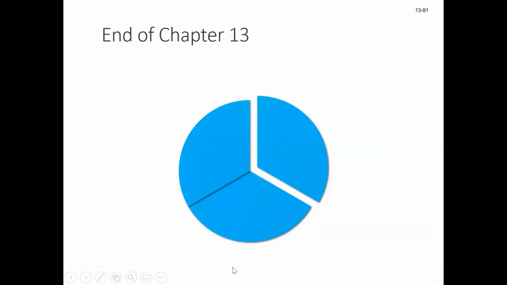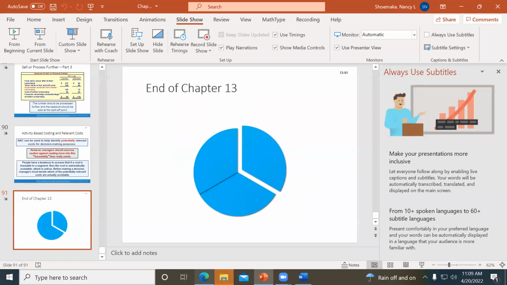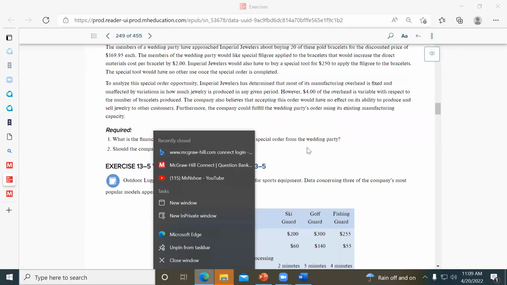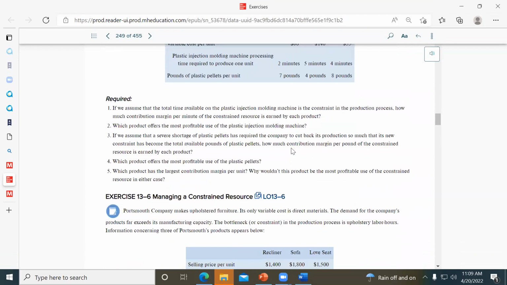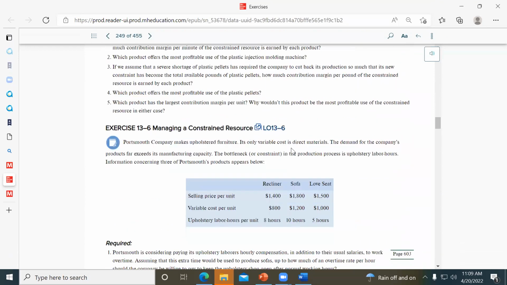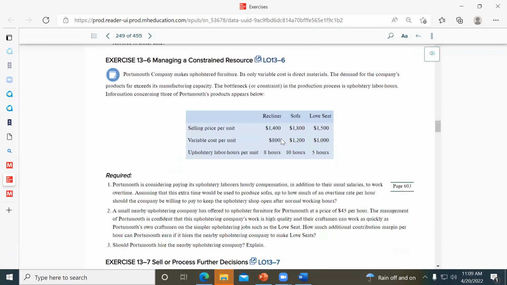Okay, let's look at some more questions, exercises. So here we have exercise 3.6. Portsmouth Company makes upholstered furniture. Its only variable cost is direct materials.